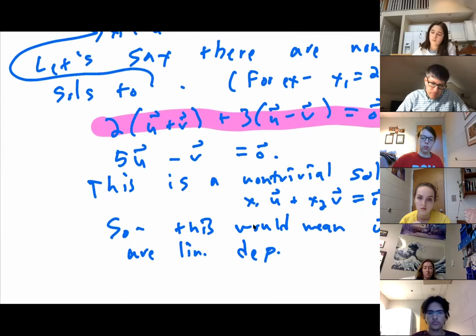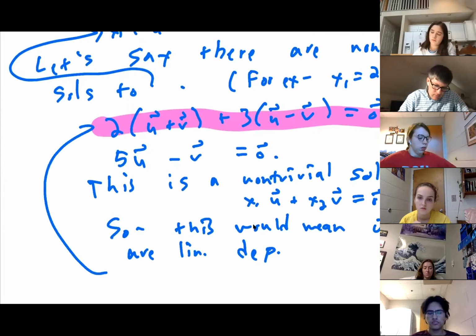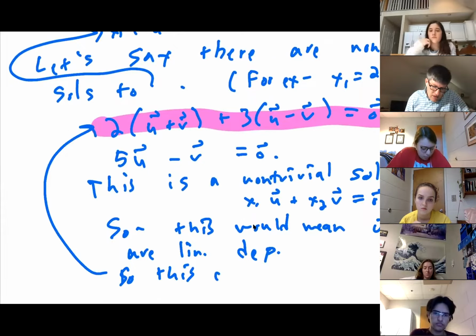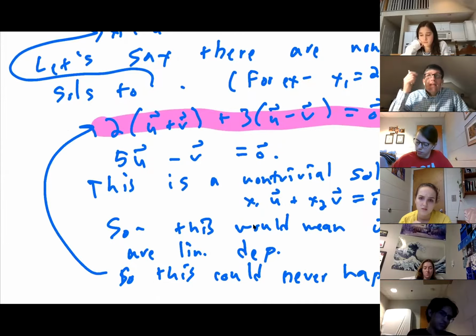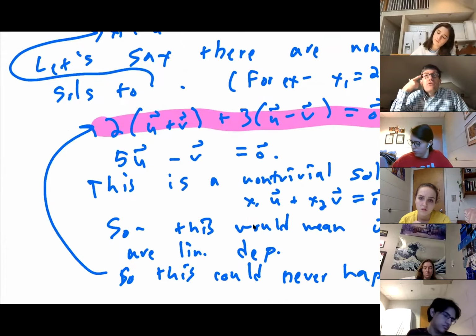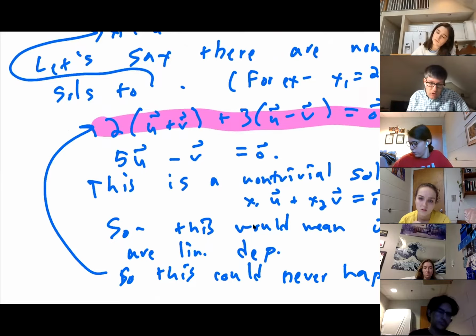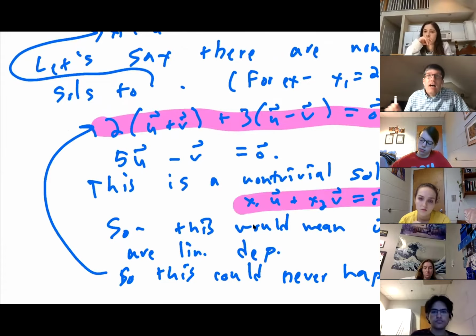So this could never happen. Wait, why could it have never happened? Because it leads to the idea that we started with some sort of non-trivial solution there, which forced this one to have a non-trivial solution.